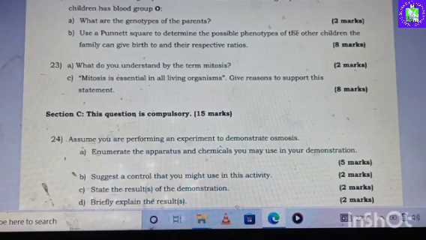For B, it is B, not C. Mitosis is essential in all living things. Give the reason to support this statement. Mitosis has main importance for humans, even for plants, because it is involved in what you call cell replacement.